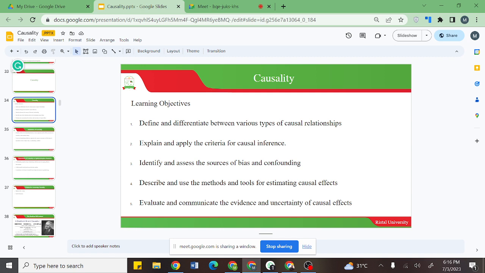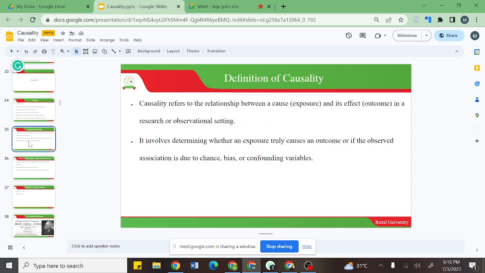And when we do research on these factors and the diseases that they influence, what are the things that can distort the findings of the studies that we carry out? What tools or approaches do we use to determine causal effects? And then, how do you communicate evidence about uncertainty of causal effects? Those are the objectives of this presentation.